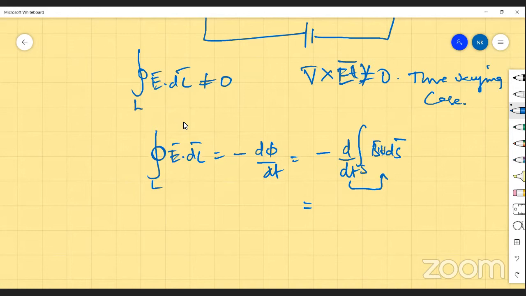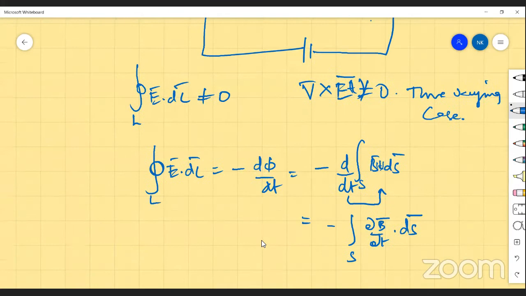Sometimes it is a function of x, y, z. So I will write the surface integral of dou B bar by dou t dot ds. It is generally 0, but it is not equal to 0 in the case of a time varying field, where it is equal to d phi by dt. So you will get like this.